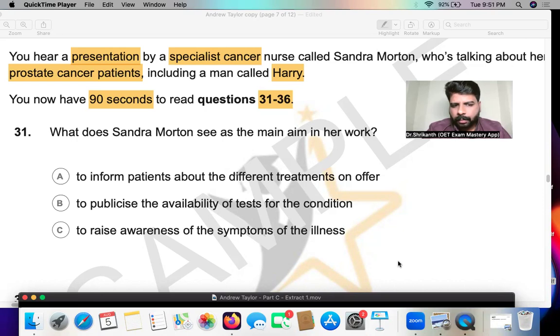Clearly, my job covers many aspects of patient care, but what's the priority? Firstly, prostate cancer is in fact the most common cancer in men in the UK, with over 40,000 new cases diagnosed every year. That's a staggering number. One problem is that this type of cancer actually develops very slowly, so there may be absolutely no sign that you have it for years.